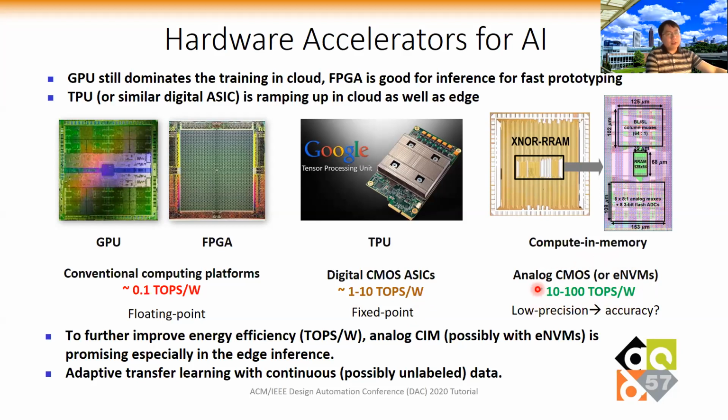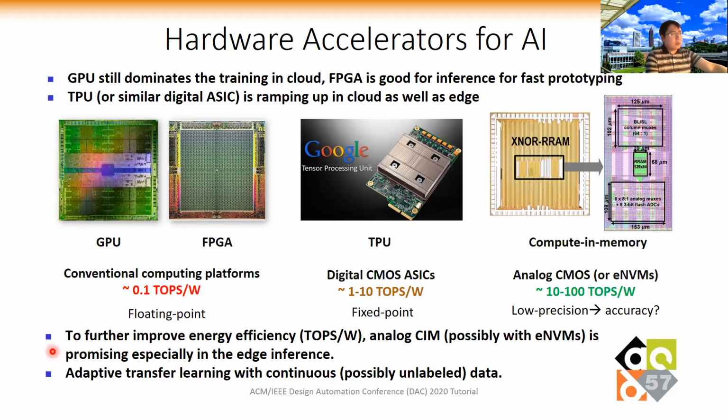Typically for analog computation, we have to employ low precision computation because of the variation, noise, and those issues. This may bring the question of whether we can achieve the same accuracy as the digital computation. I will try to address this issue in the later part of the talk as well.